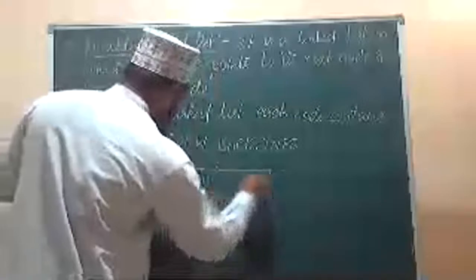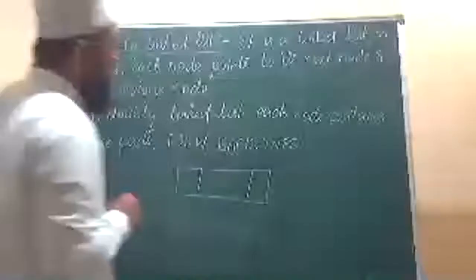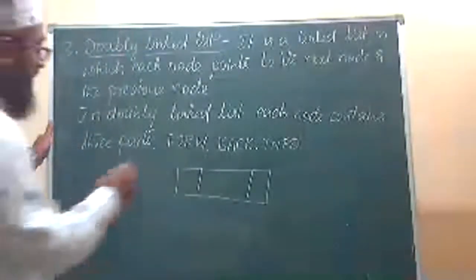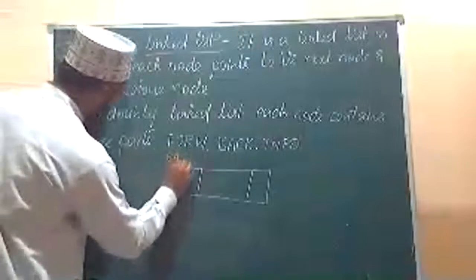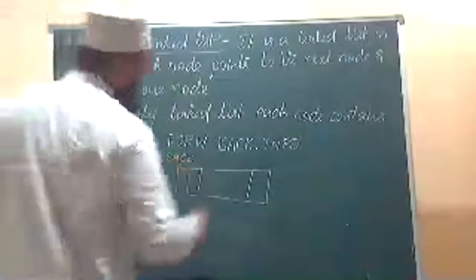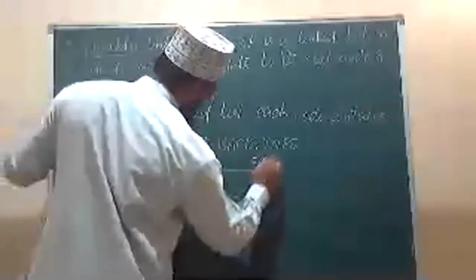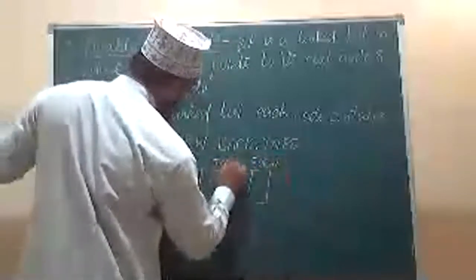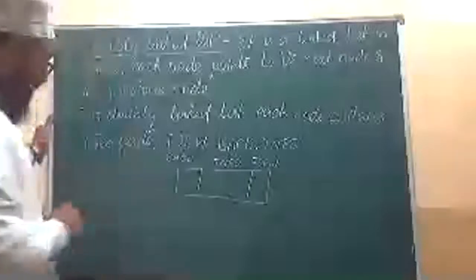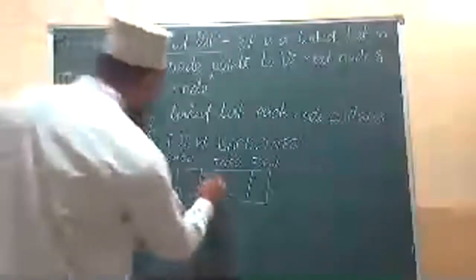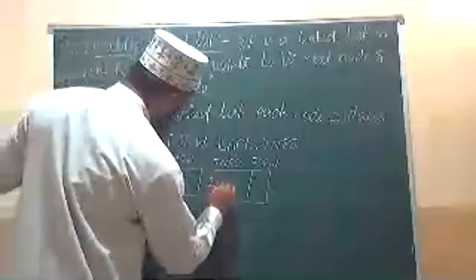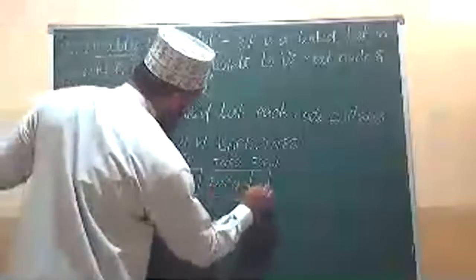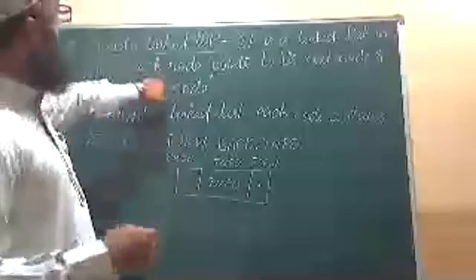It contains three parts: this part is called back, this part is called forward, and this part is called info. It contains its own information or data. Then it explains each node.